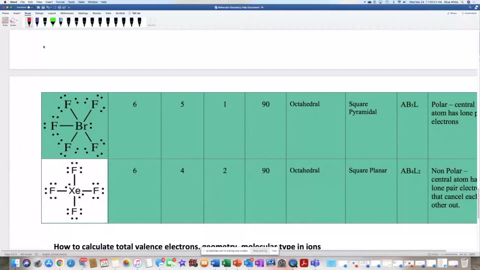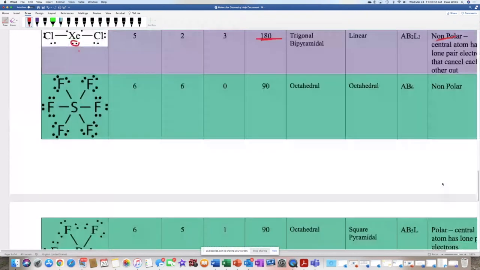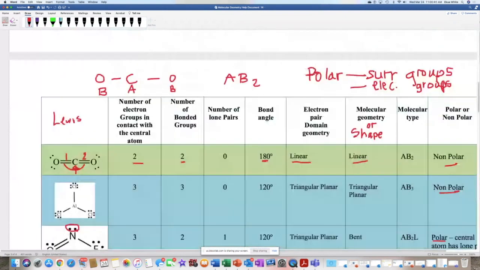And then these are another exception to the rules: two lone pairs, but the positions of the lone pairs are usually above and below the molecule, so they cancel each other out in the effect they have on the molecule. If you're wondering what effect the lone pairs have on the molecule, the lone pairs push against the bonds. They're kind of like bully electrons.